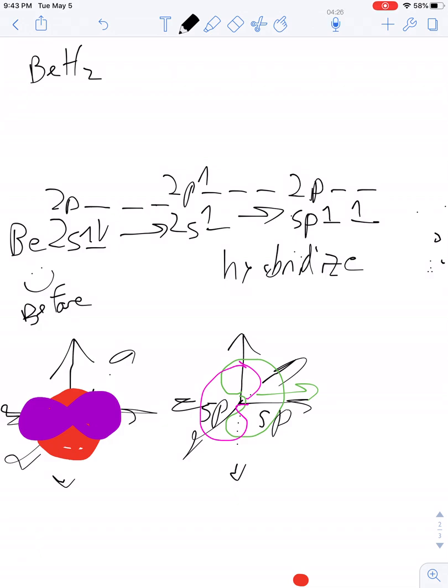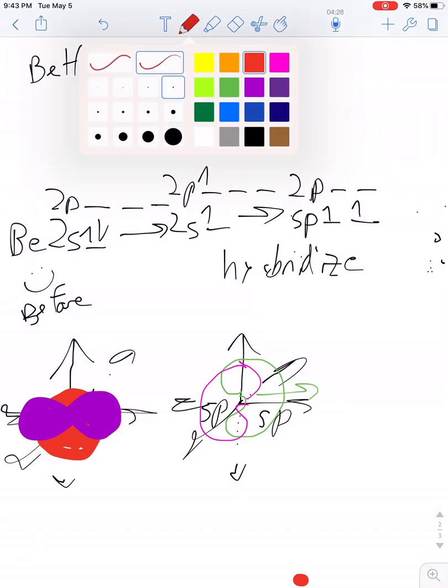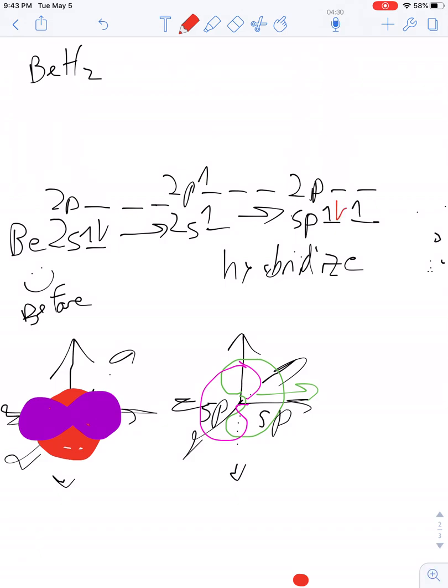Now when I look at beryllium, I see that I have two unpaired electrons, and I would need two more for a total of 4. So I would say that beryllium would be following the rule of 4. Now it makes sense why the beryllium would form two bonds.